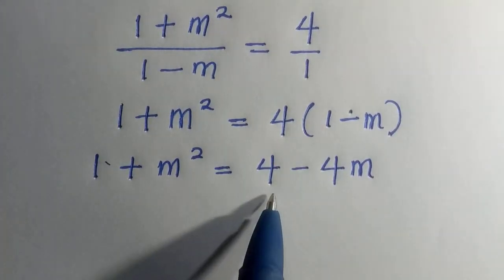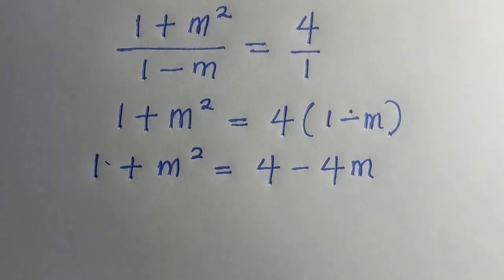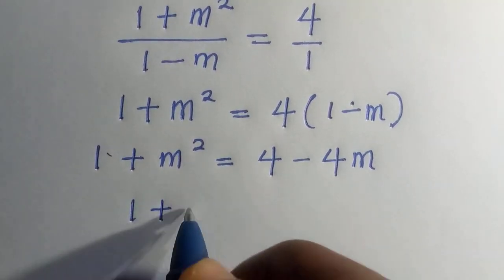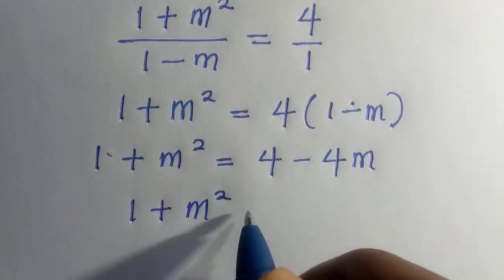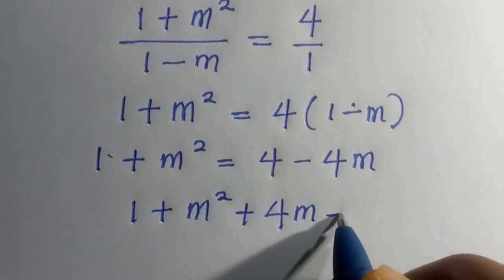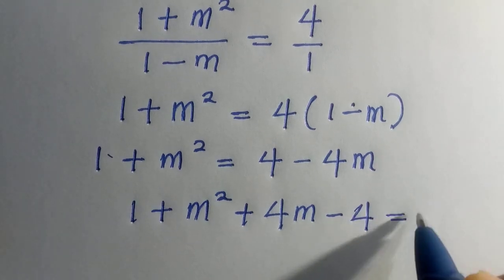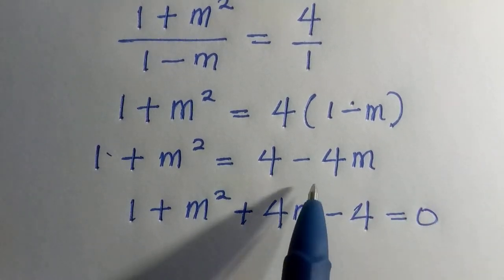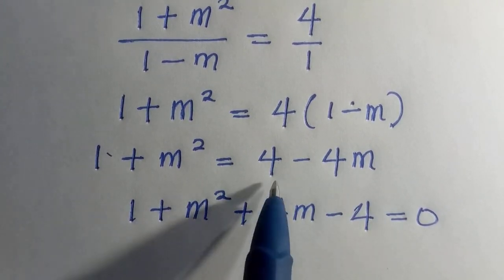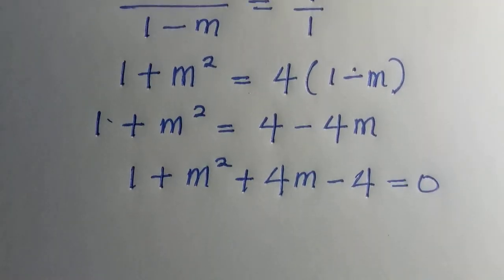Let's take the whole of 4 minus 4m to the left hand side and we have 1 plus m squared plus 4m minus 4 equals 0. Because minus 4m comes to this side and it becomes plus, and plus 4 comes to this side and becomes minus.